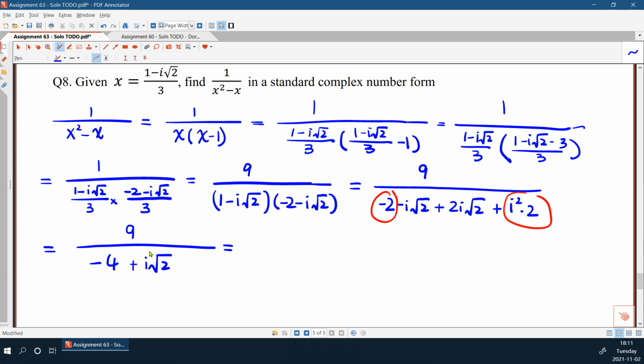Now we need to rationalize the denominator, which we need to multiply both numerator and denominator using the conjugate number of the denominator, which is minus 4 minus I times square root of 2, right?